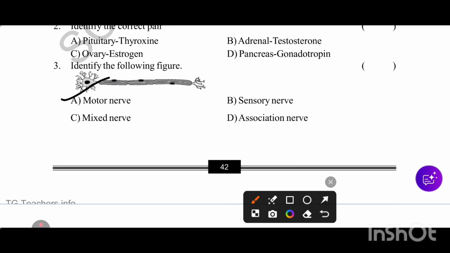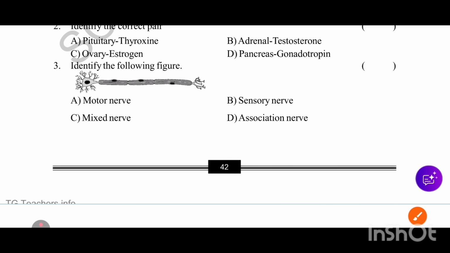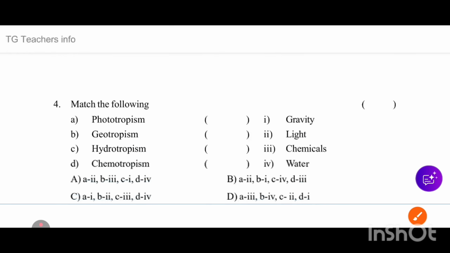Sensory nerves are called afferent nerves. Remember that. Mixed nerve means a combination of both motor and sensory. Association nerve connects motor and sensory, and is also called an interneuron or internerve.